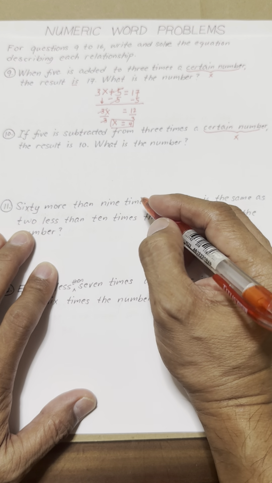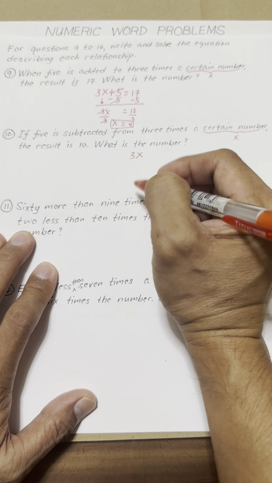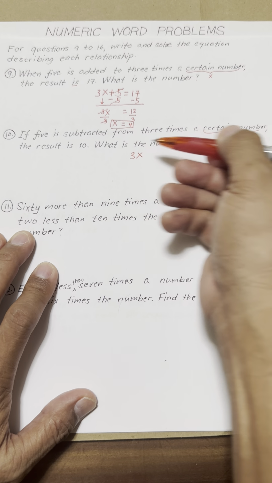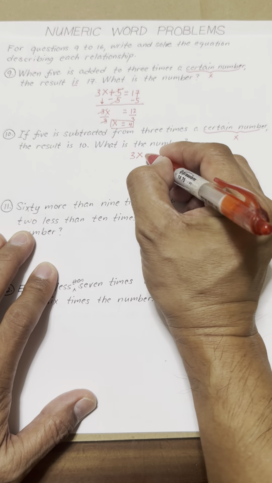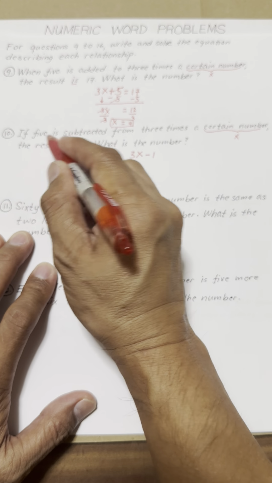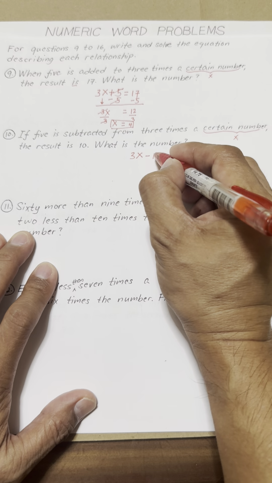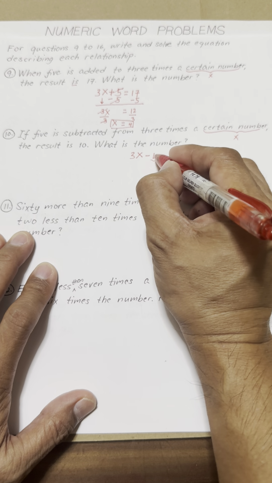So 3 times a certain number, so a certain number is x, 3 times of that. Then we know that backward, right? So subtracted means minus. If 5 is subtracted, so 5 subtracted, so 3x minus 5.